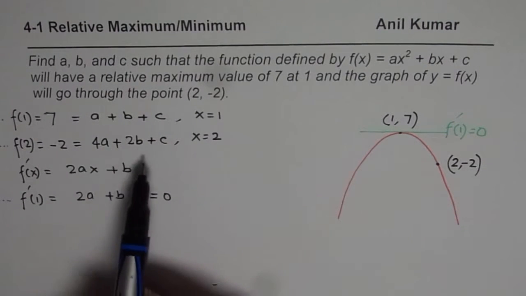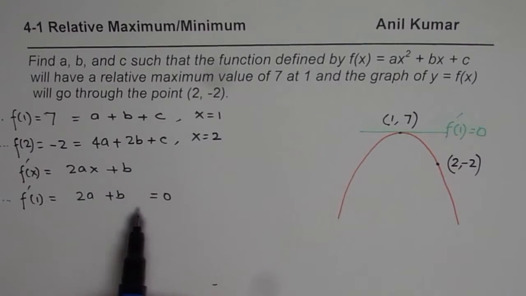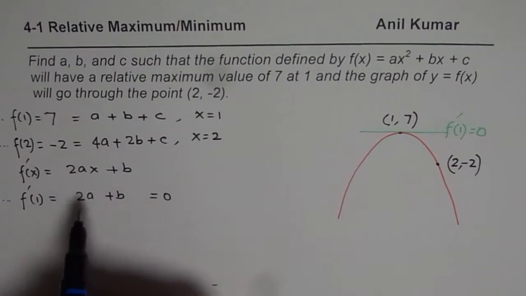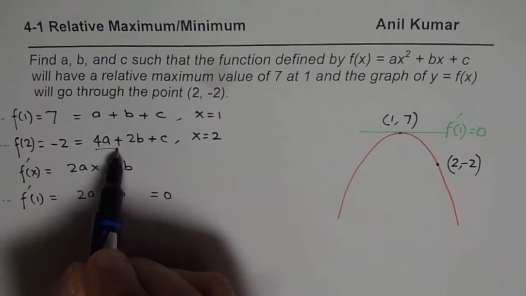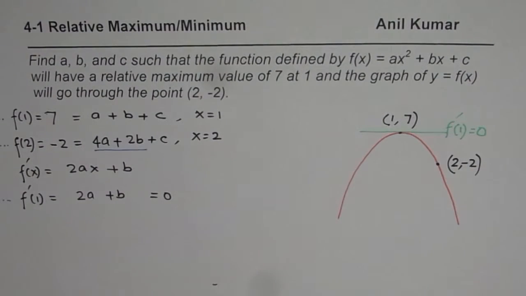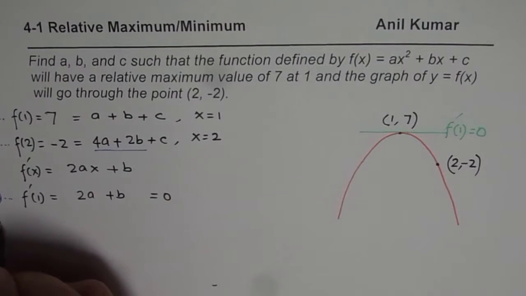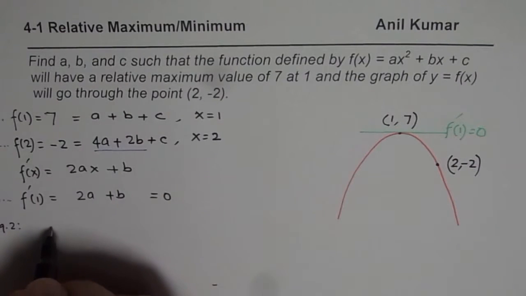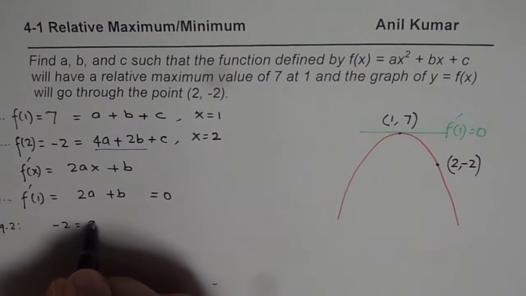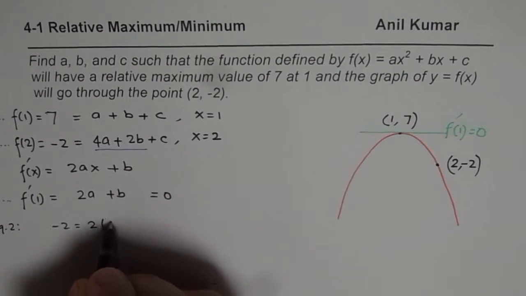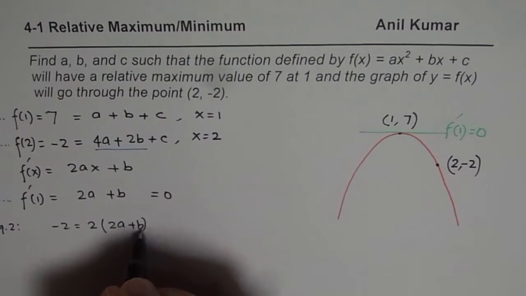Now how do we solve for a, b, c with three equations? That should not be difficult. As you can see, there is 2a plus b here, and 2 times 2a plus b. That helps. So what we can do is rewrite equation 2 as -2 equals 2 times (2a plus b) plus c.